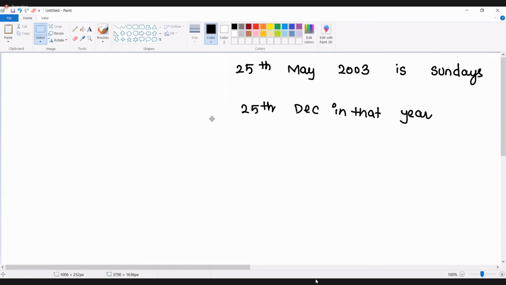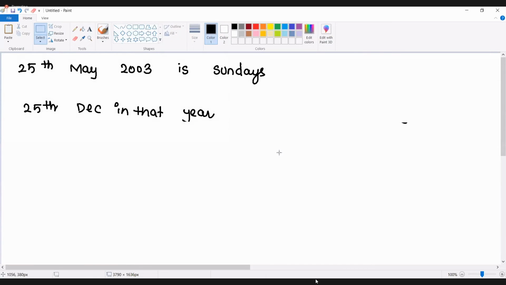What is the day on 25th December in the same 2003? So options are projected as Monday, Tuesday, Wednesday and Thursday.